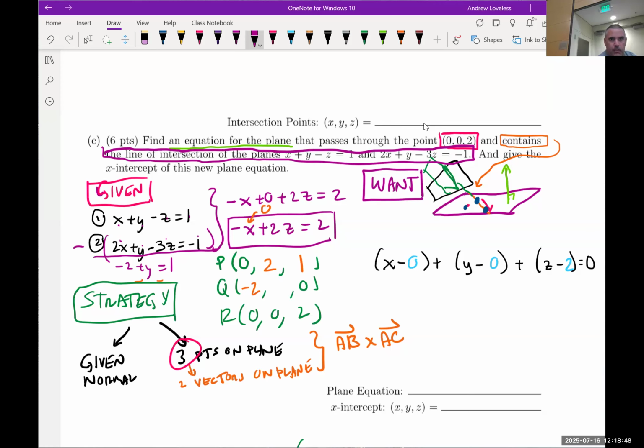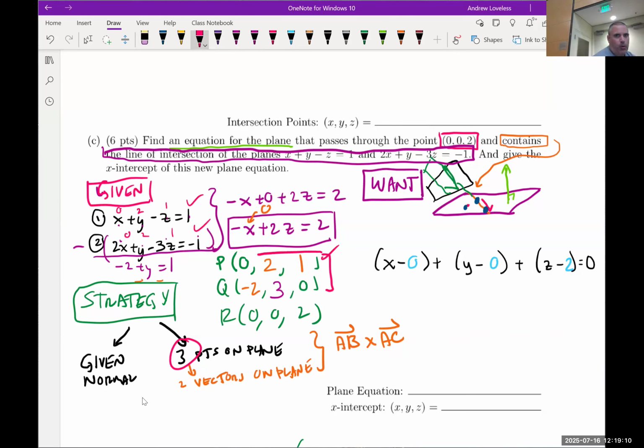We add the 2. I think it's 3. There are lots of ways to make an arithmetic error, but the nice part is at this moment you could check. You could do 0, 2, 1, is it 1? Yes. 0, 2, 1, is it negative 1? Yes. So there's a way we can confirm those points.